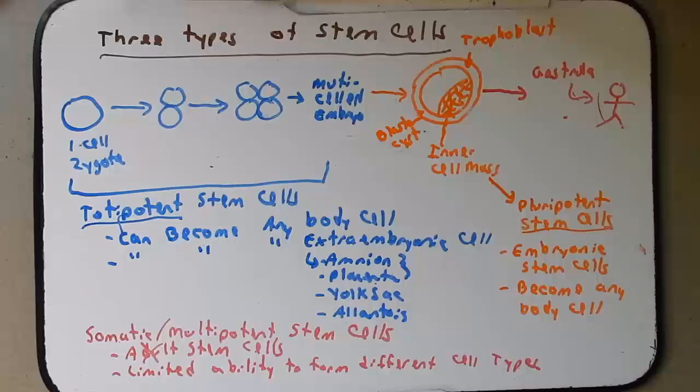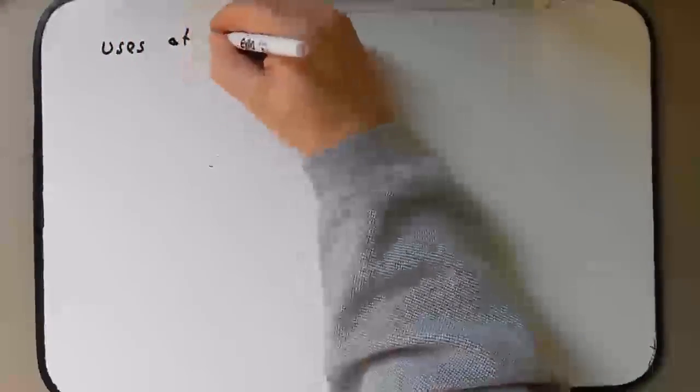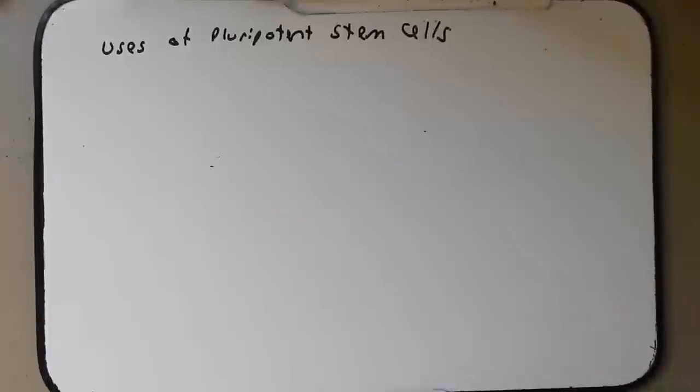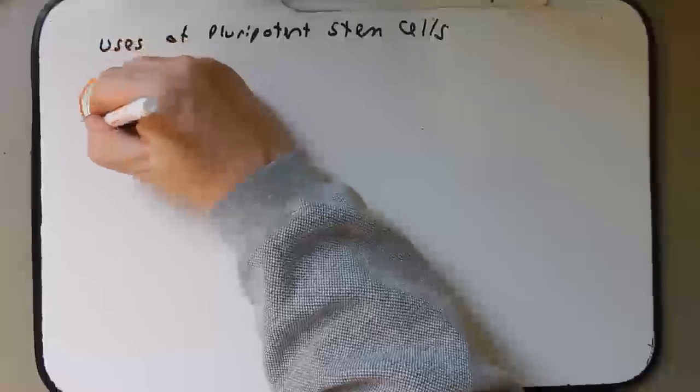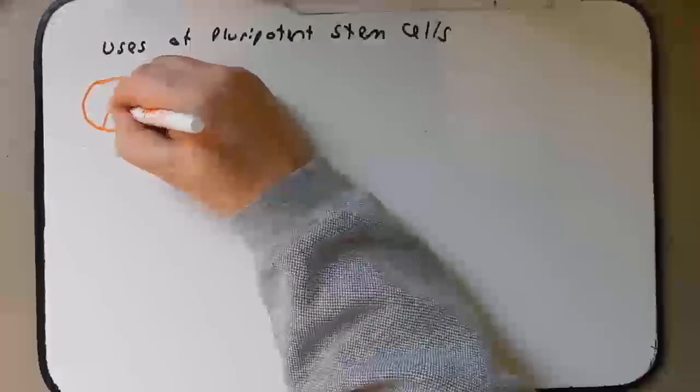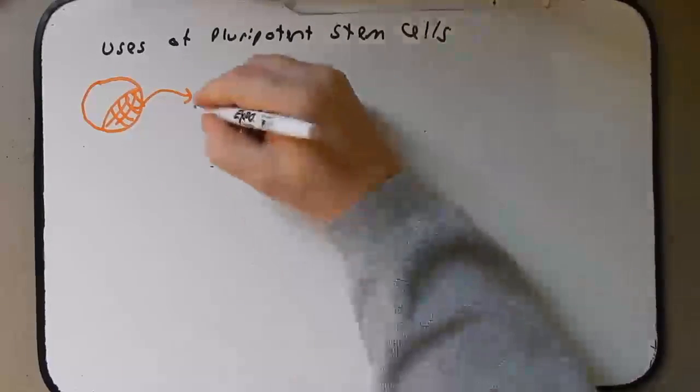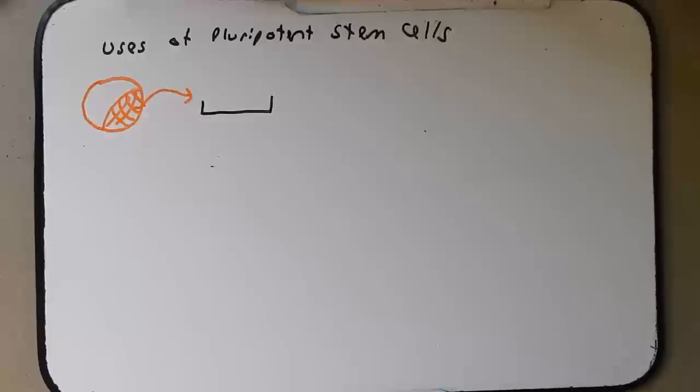Now I want to spend a little bit of time talking about these pluripotent stem cells. And I want to talk about some uses of pluripotent stem cells. So if you were to take a blastocyst here with its inner mass cells here, and you removed those inner mass cells and placed them in a petri dish, those cells would grow.